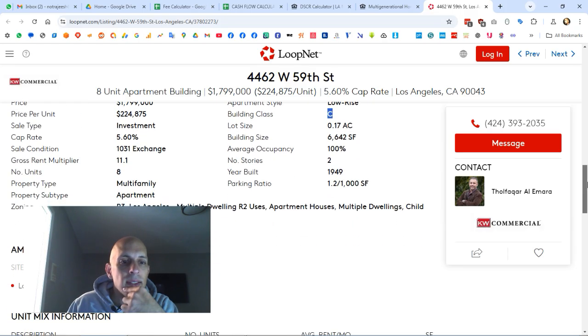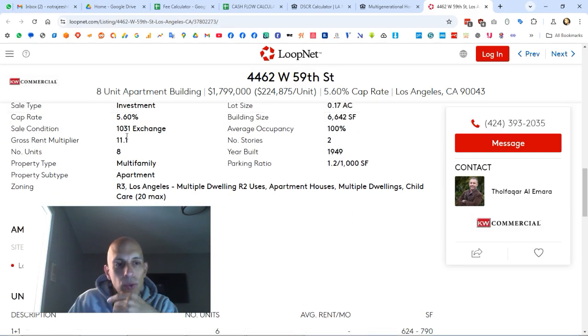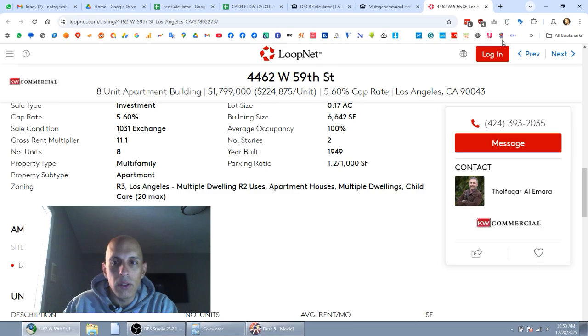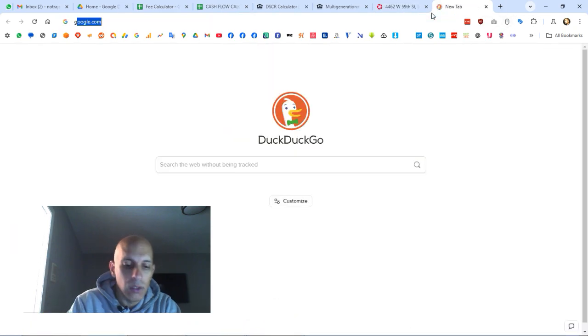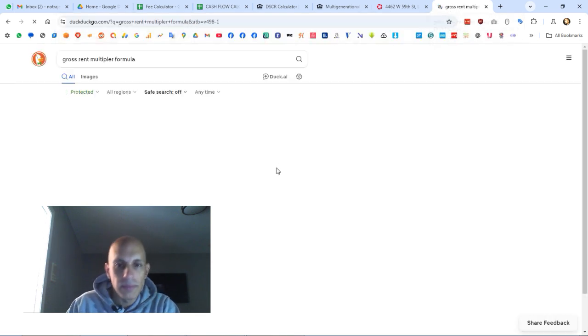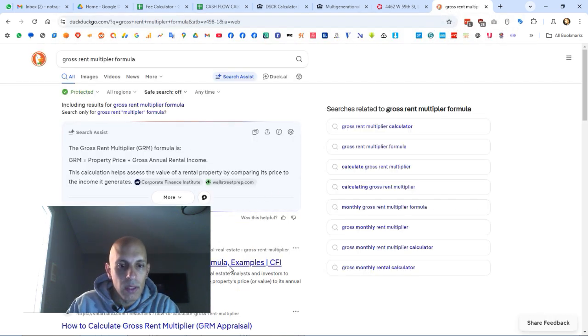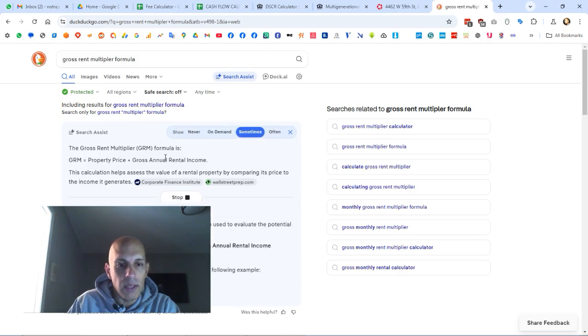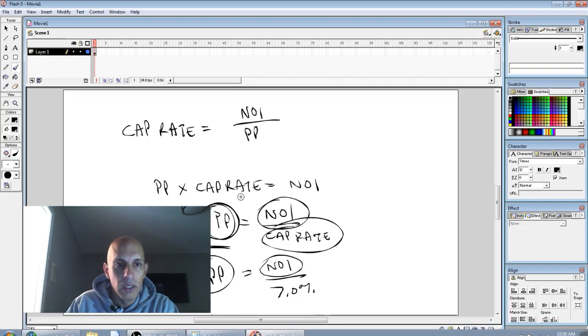Let's see, does it say anything about gross rent multiplier? So here's the gross rent multiplier formula. Property price divided by gross annual rental income is equal to gross rent multiplier.